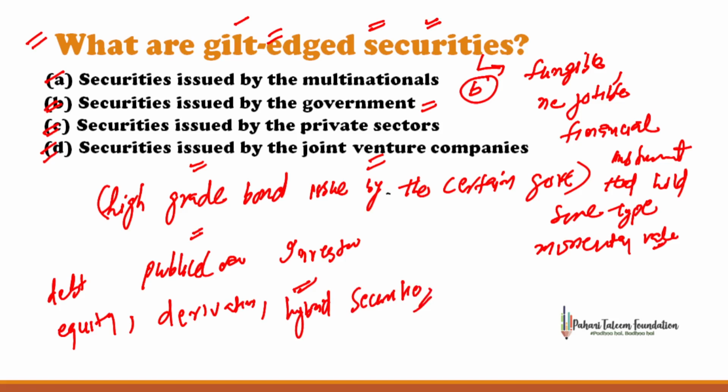So the answer for this question is the securities issued by the government. What are gilt edge securities? These are the securities that are issued by the government.